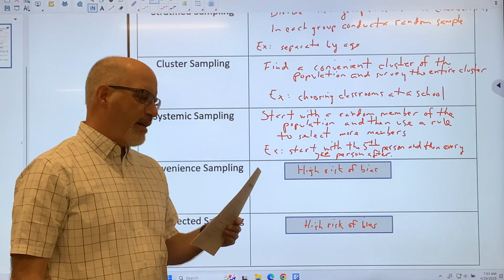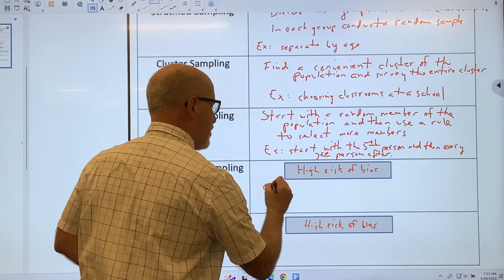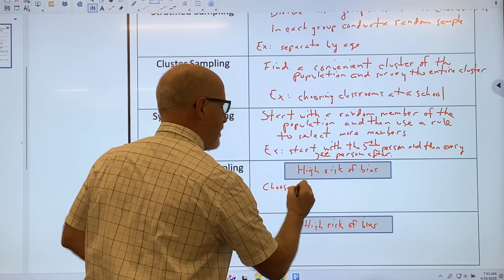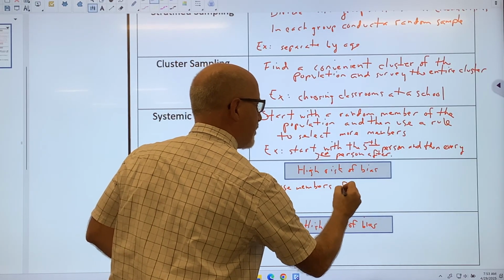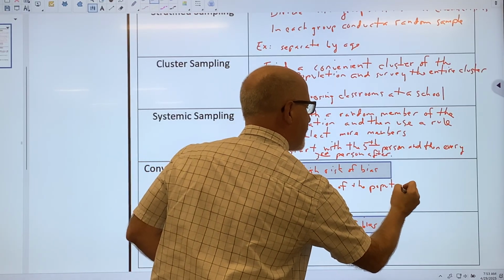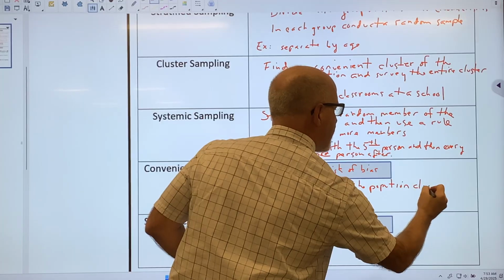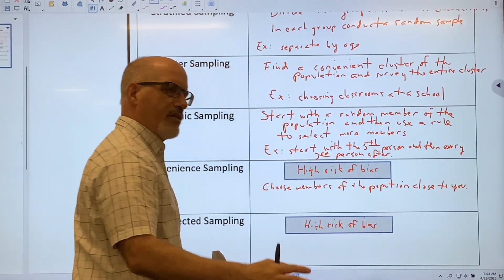So convenience sampling is only choosing members of the population close to you. As an example, that might be in a classroom.